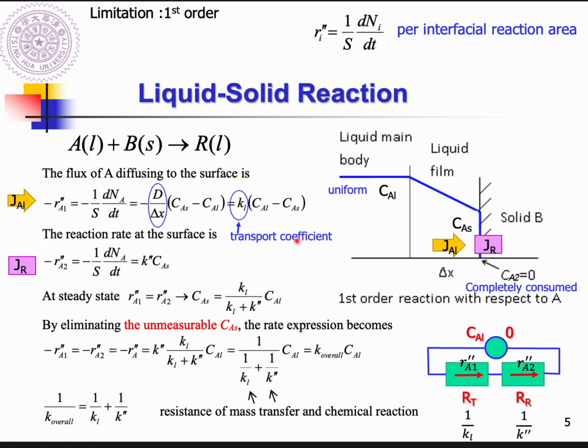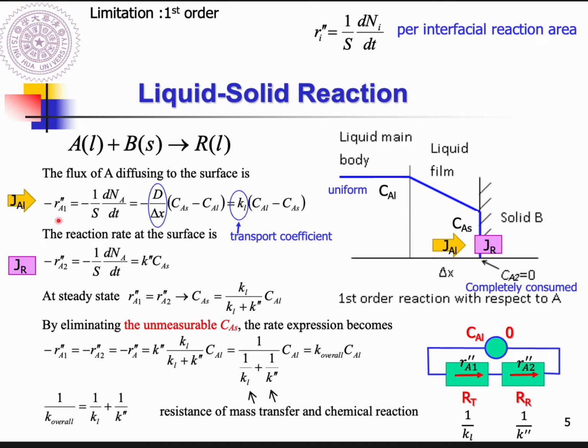The transport coefficient is an indicator to tell you how fast or slow molecule A diffuses through this liquid film. If you have a larger KL, it means diffusivity is larger, so it diffuses faster. If you have a small KL, diffusion is quite slow.